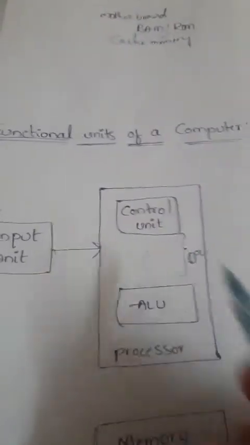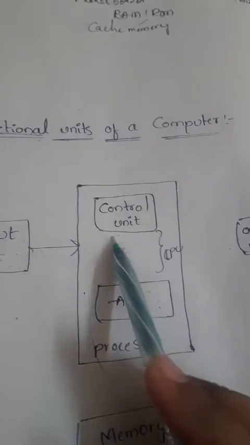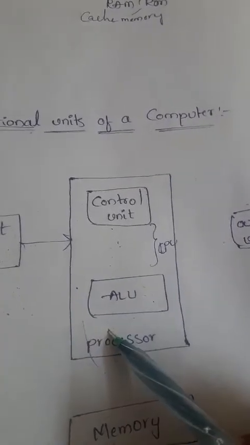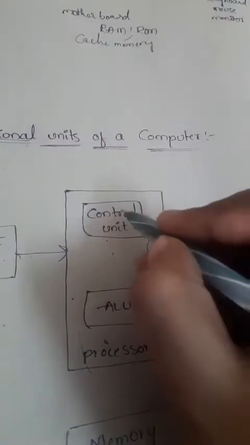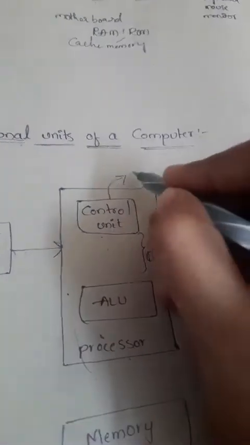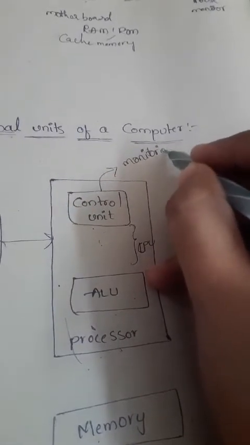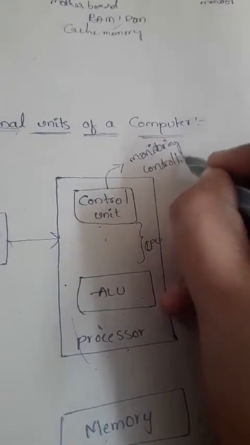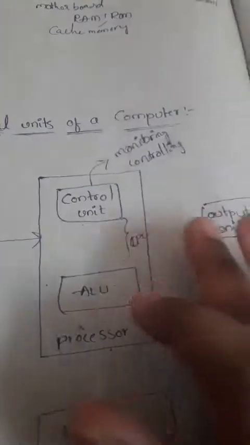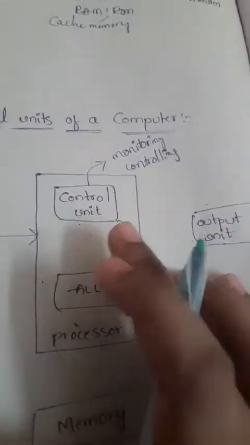In the CPU we have two units: one is the control unit and the other is the ALU. The control unit completely monitors all the activities, that means it controls all the activities in the CPU, all the activities of a computer.